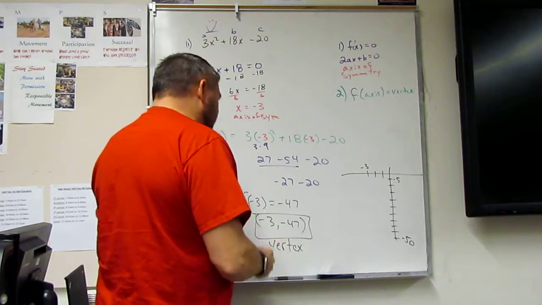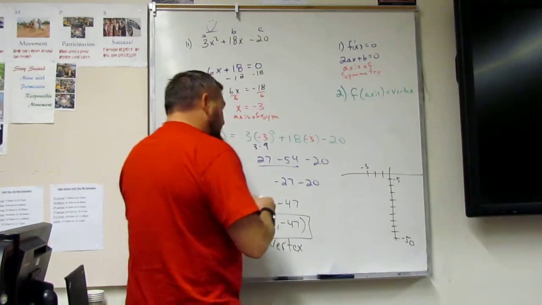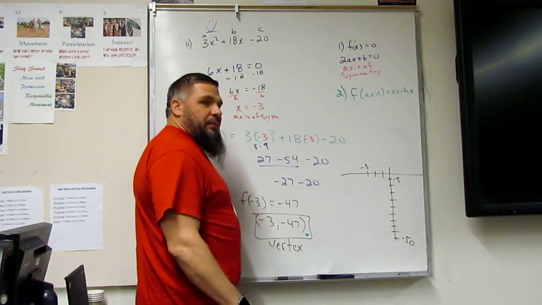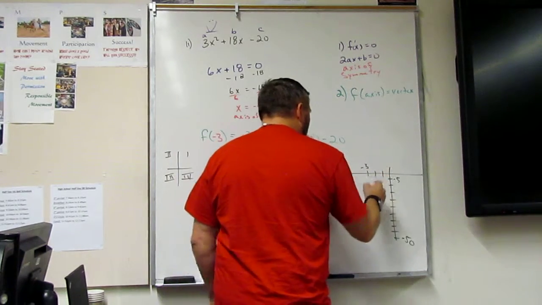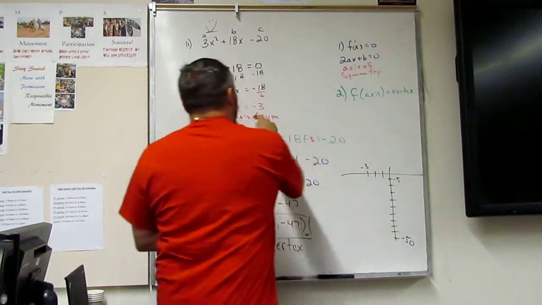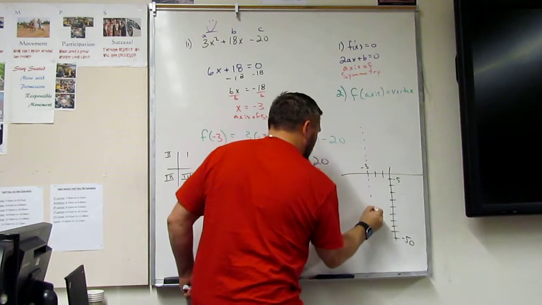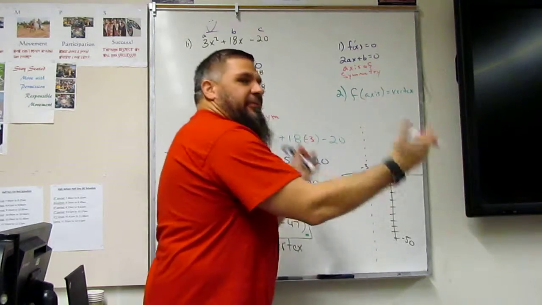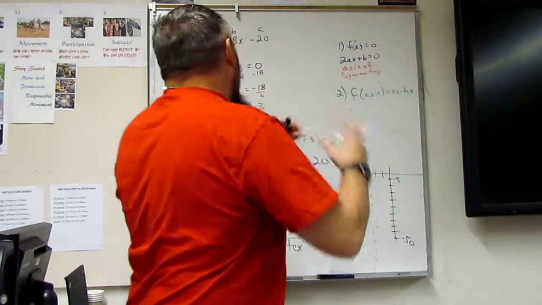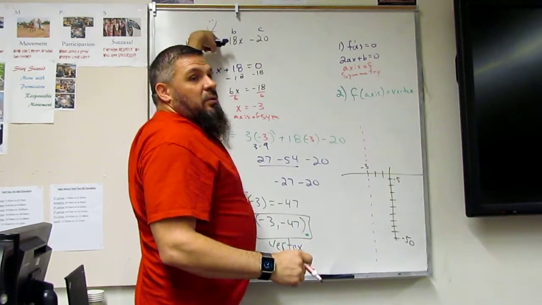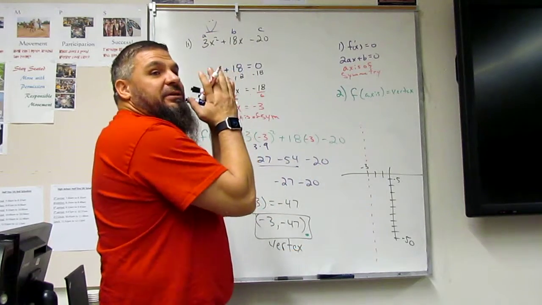And 47, let's do this in green. First I'm going to put in red the axis of symmetry. That's this guy right here. That's that paper fold. If I fold it right here, it's going to make this quadratic fold onto itself.